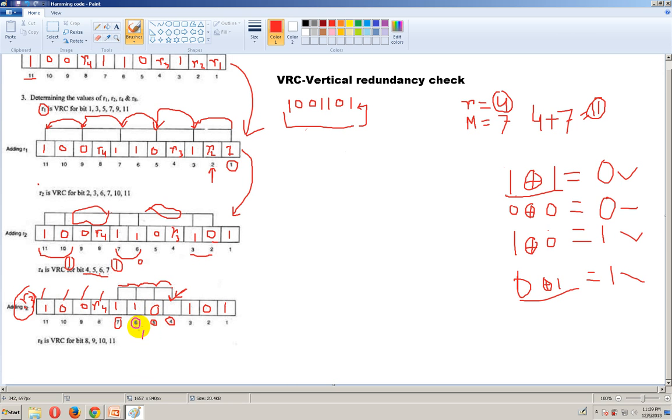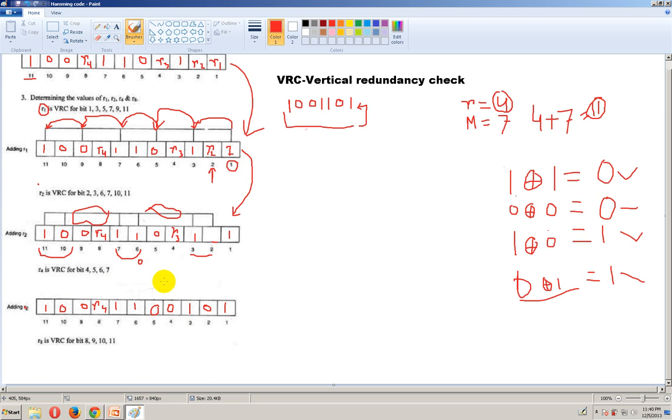Then with 7 we also get 1, so 1 and 1 should be 0. So we get 0. Sorry, this one is not r4, this one should be r3, so r3 equals 0, and we put it in its position.